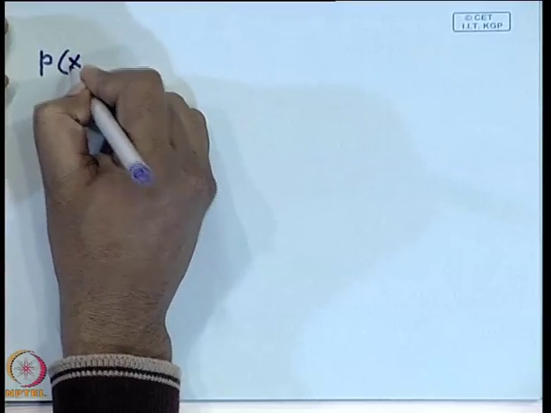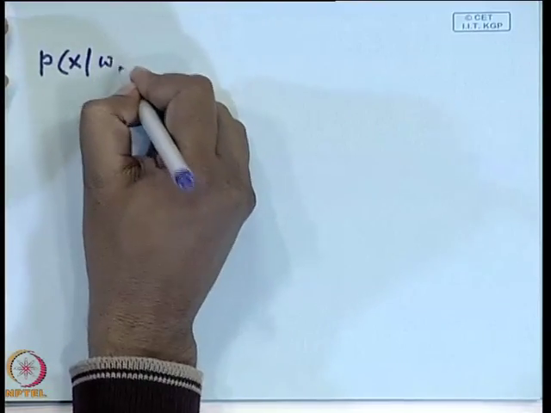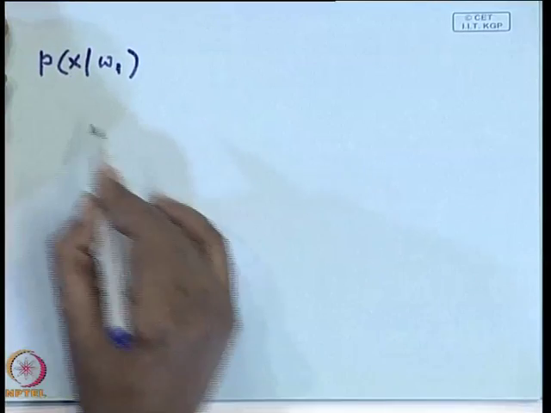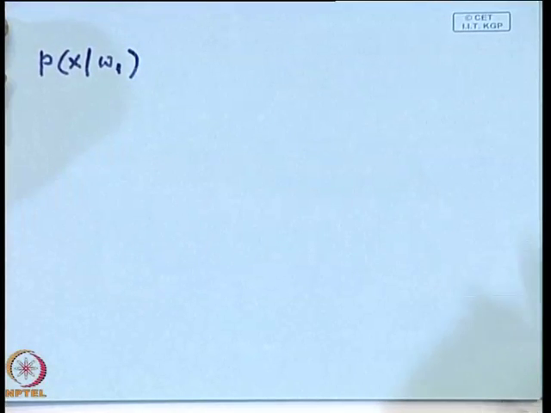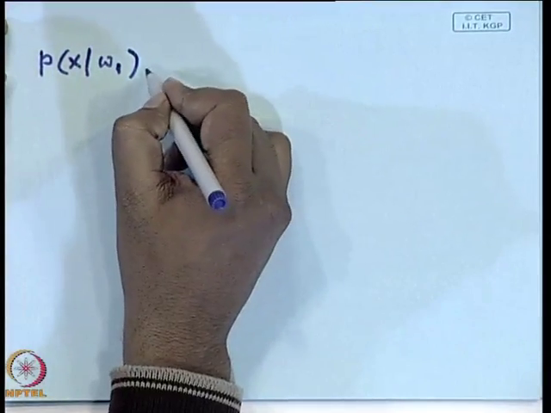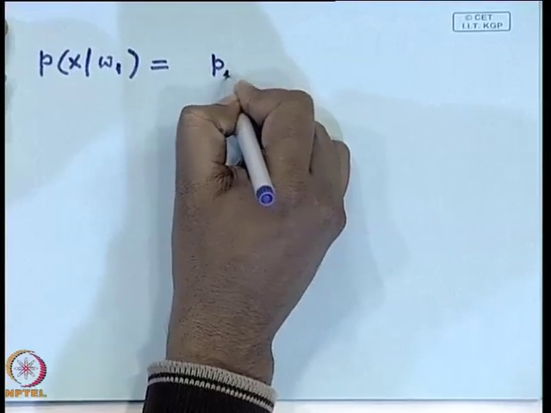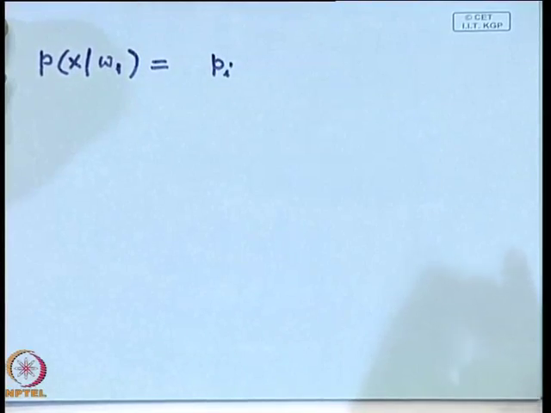p of x given omega 1, where x is the feature vector which has d number of binary valued feature components. So, this p of x given omega 1 I can simply write as p i, which is the probability that x i equal to 1 given the true state of nature is omega 1.